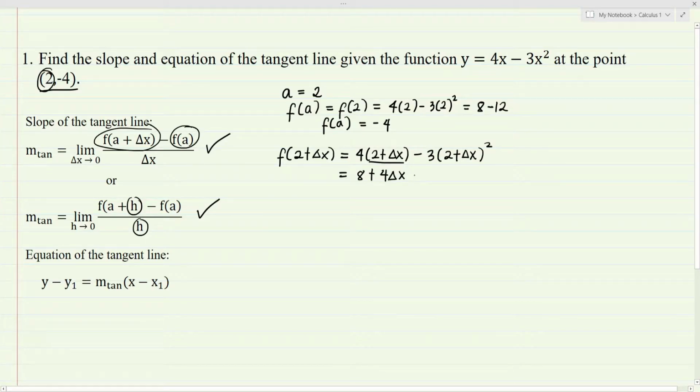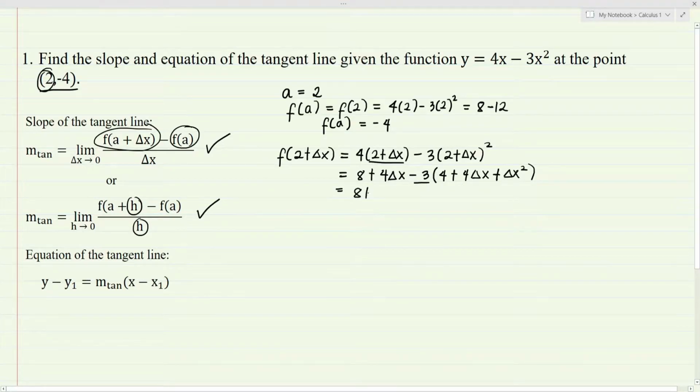As for the second term, I can expand this binomial here. So if I expand this one using the FOIL method, I would have 4 plus 4 delta x plus delta x squared. Next here is I can distribute negative 3 from the quadratic equation.